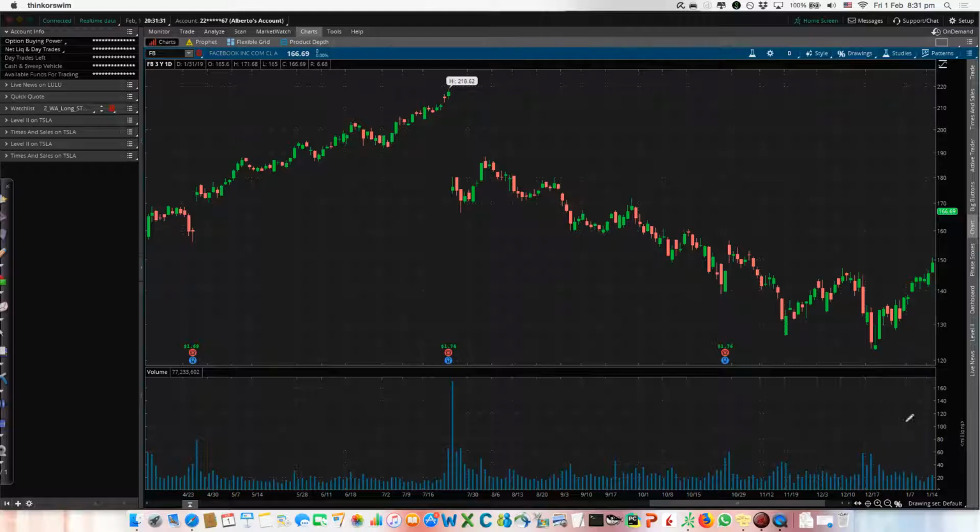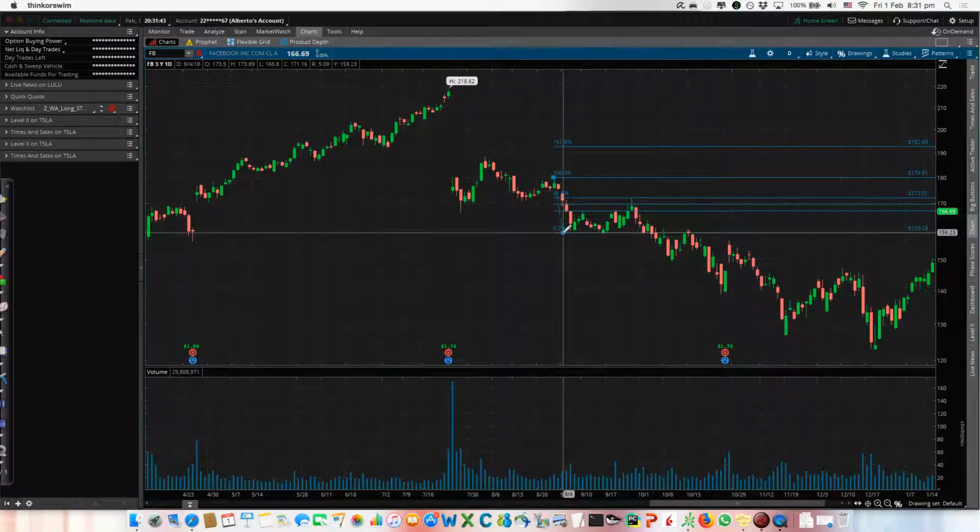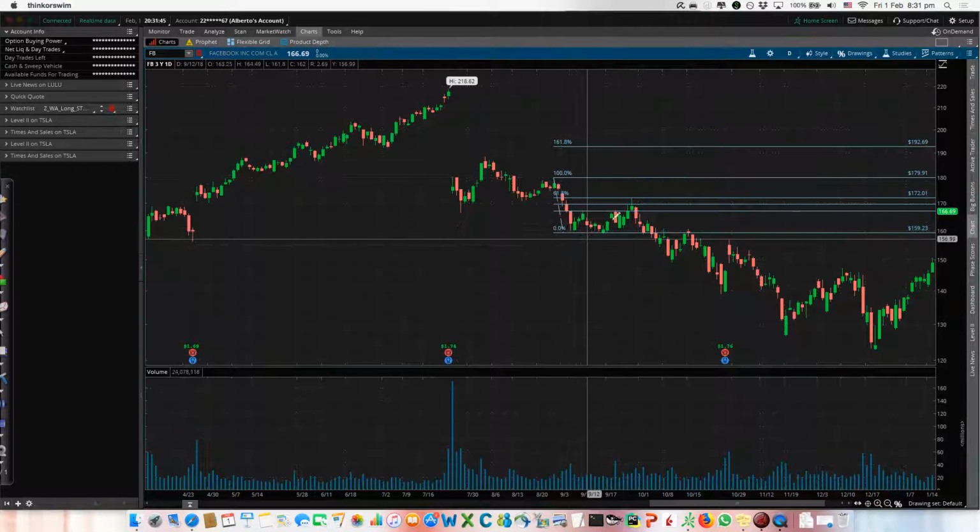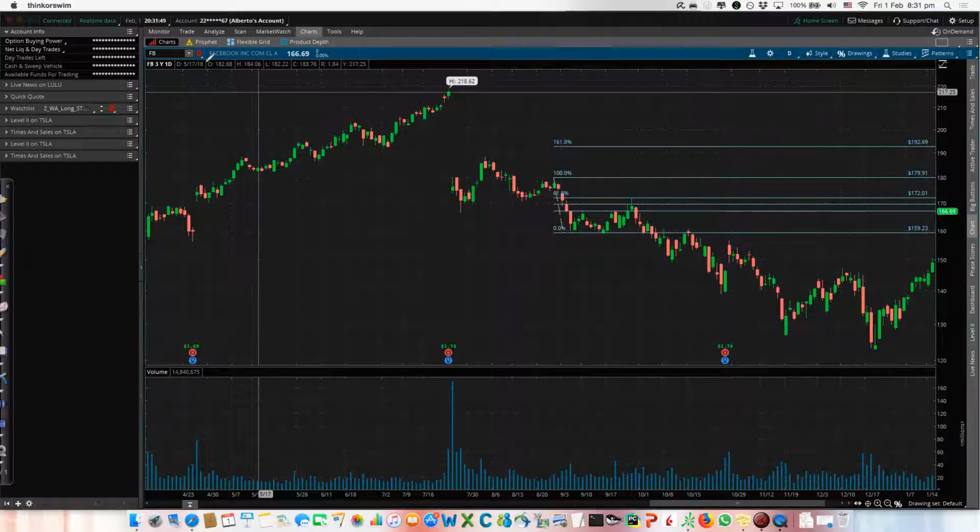So again, we go here. Let's see. For example, we take this high. Suppose you are here, and then you see the price coming down. Now what happened? Here is quite interesting.